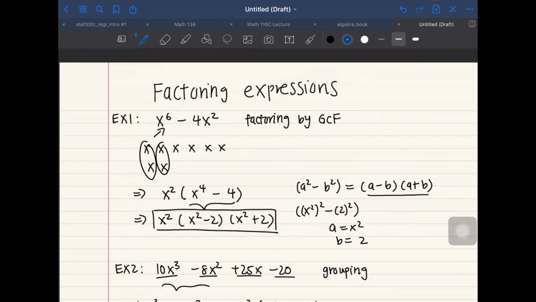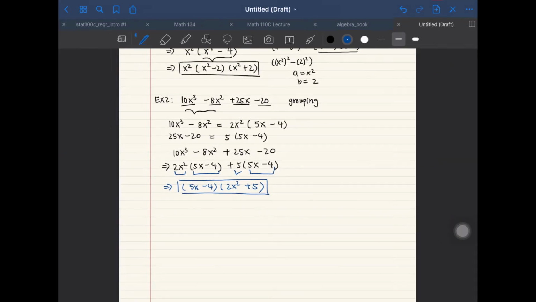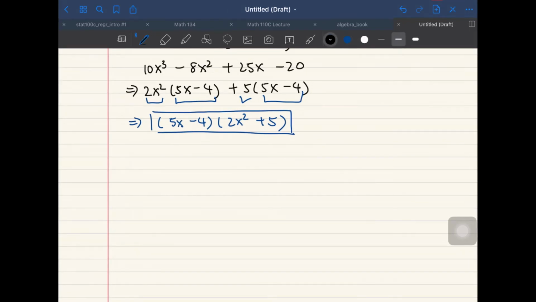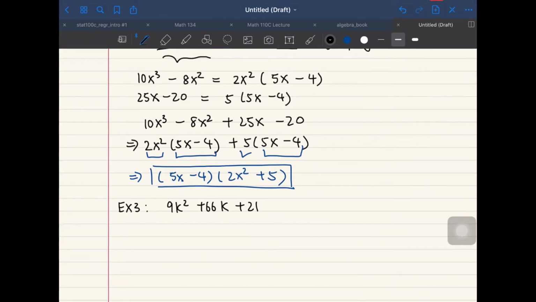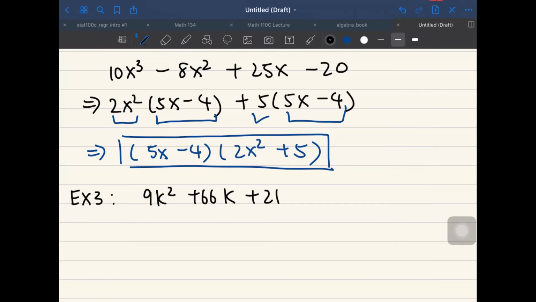Now lastly, I have the example 9k squared plus 66k plus 21. Now here we have a trinomial because we have three terms.